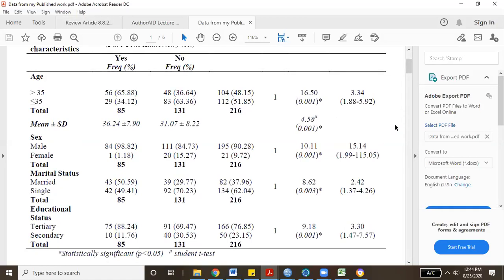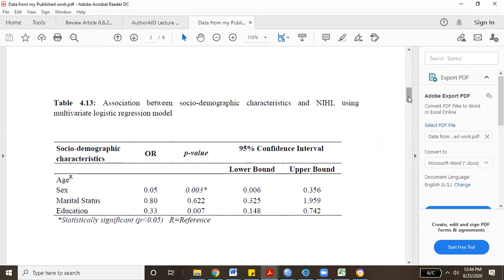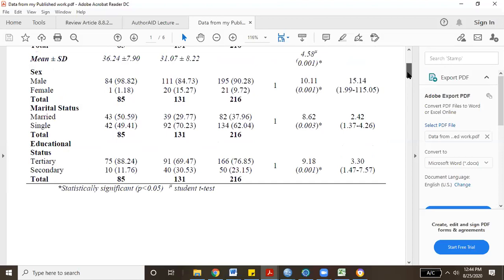I went further to also put all of them in a multivariate pool, which is now the adjusted odds ratio. So I didn't just decide to trust this.